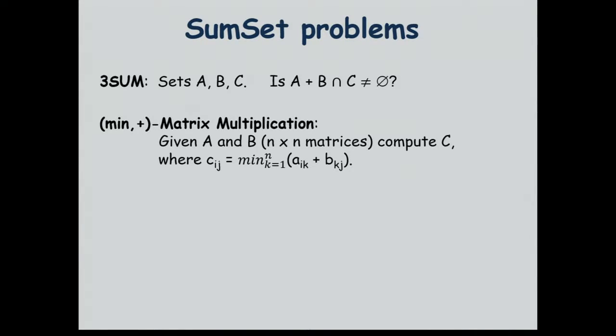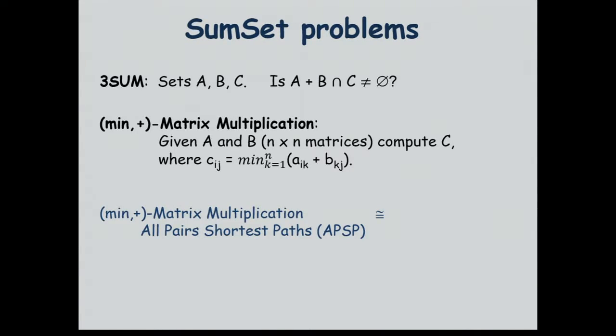You just replace the regular multiplication by a sum and the regular sum by a min. Min-plus matrix multiplication is an important problem. It's also known to be equivalent to all pairs shortest paths; you can reduce it in both ways. A couple of years ago, Ryan Williams showed that you can actually solve this in n cubed divided by 2 to the order of square root log n.